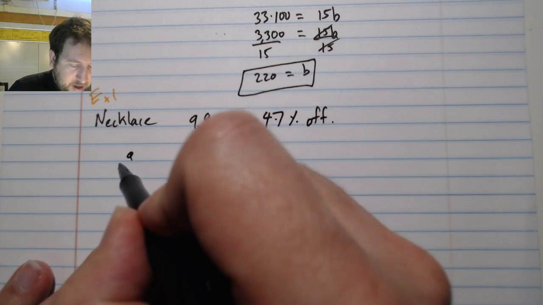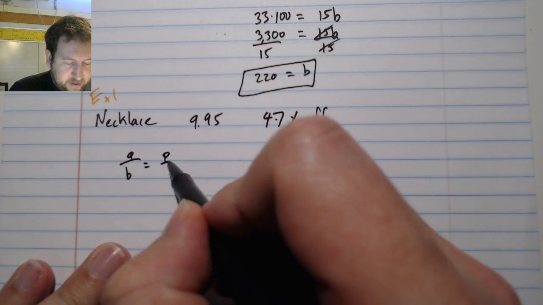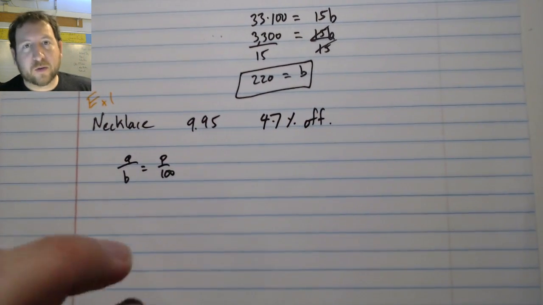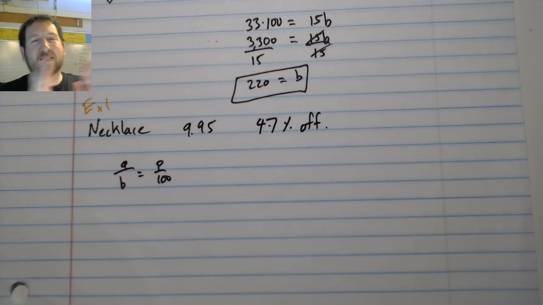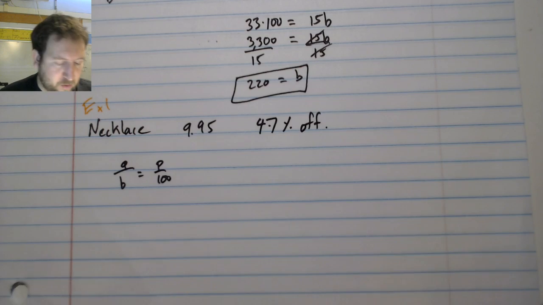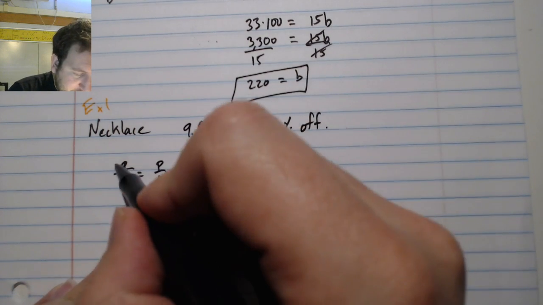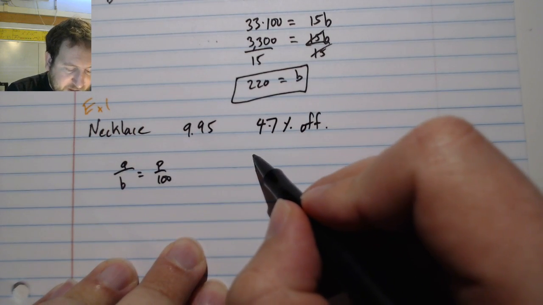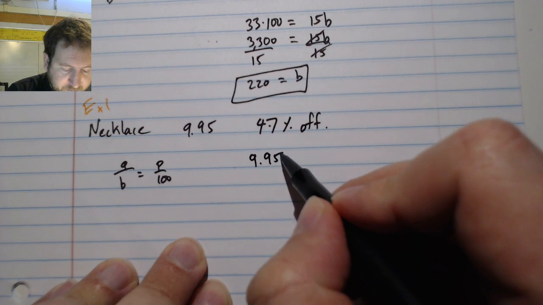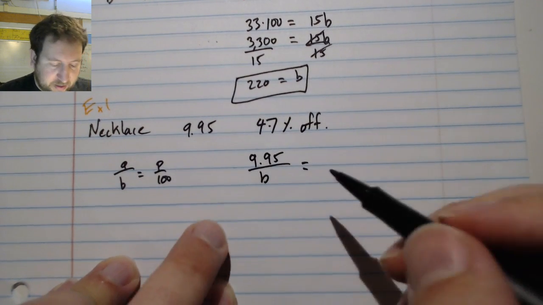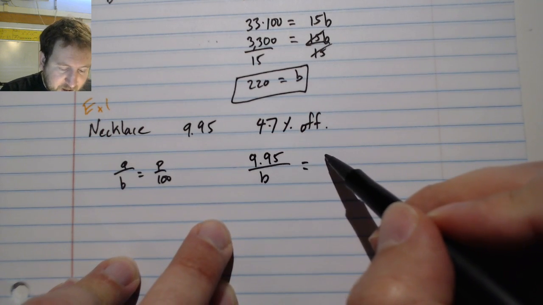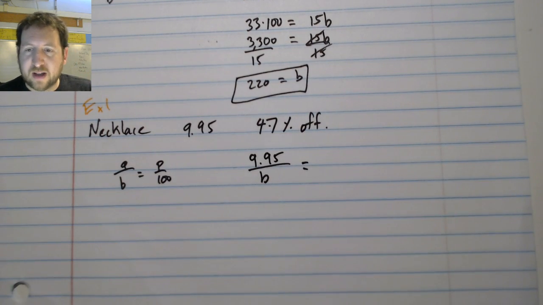So I've got A is to B as P is to 100. Now you'll recall that I always like to write my formula out to make sure that I can see it and make sure that I fill in things correctly. Okay, so I've got A. The price right now is $9.95. The price it was originally, I don't know, so I'm going to put my B in and leave it there. The percent is that it's 47% off.